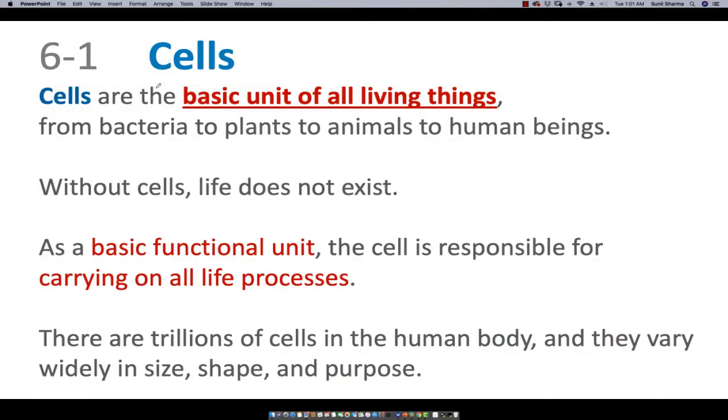So let's take an overview of what cells are. Cells are the basic unit of all living things. And so they are the active, breathing, functioning units, and those are the basic unit of all living things. Even bacteria, whether it's a single-cell bacterium, to plants, to animals, to human beings, all have cells. And there are, again, a variety of different cells.